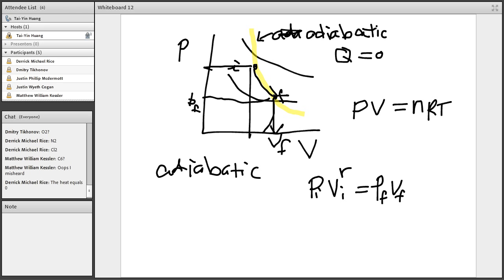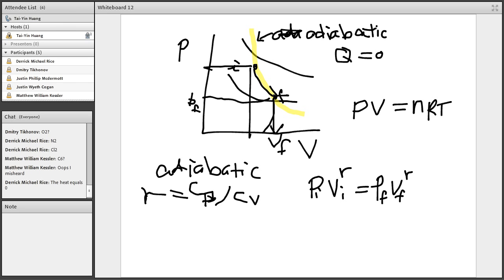So you might ask, what is gamma? Gamma is basically the ratio of specific heat. So your gamma is equal to Cp over Cv.